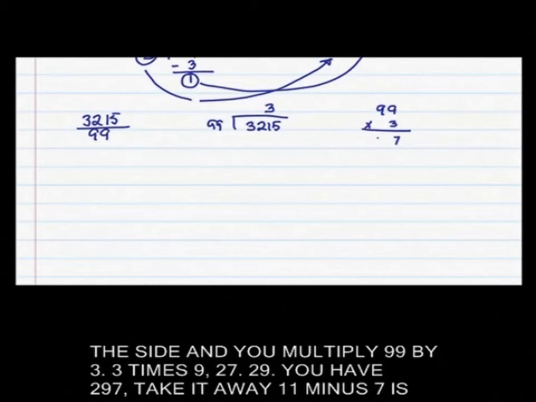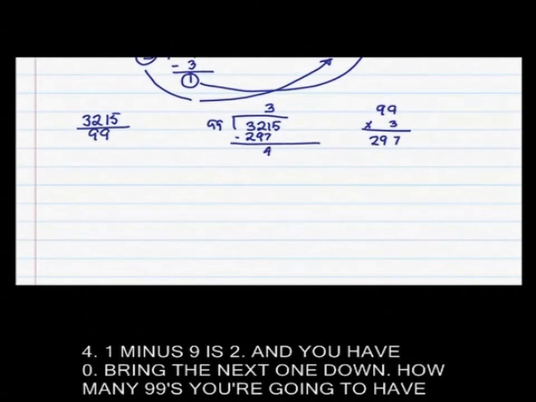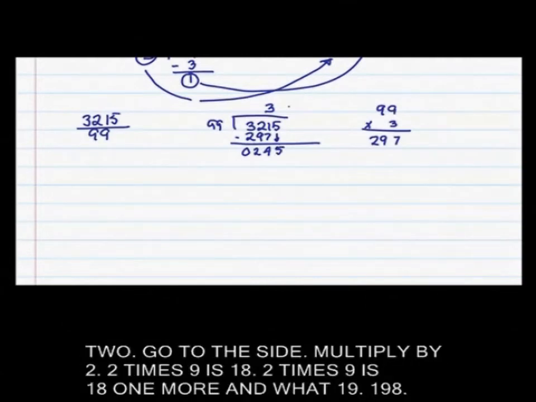3 times 9 is 27, 3 times 9 is 27 plus 2 is 29. You have 297. Take it away. 11 minus 7 is 4. 1 minus 9 is 2. And you have 0. Bring the next one down. How many 99s? You're going to have 2. Go to the side.